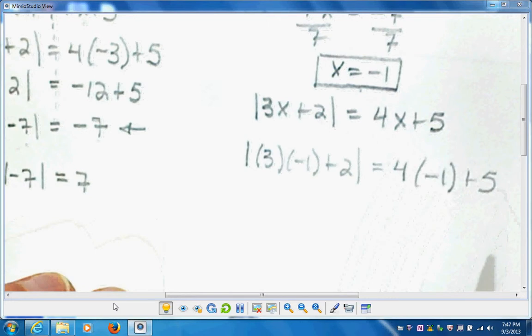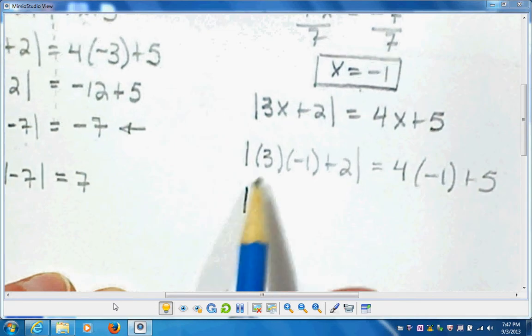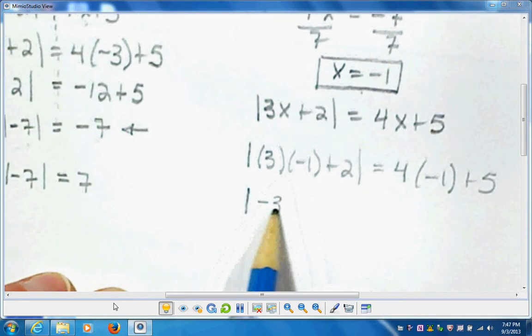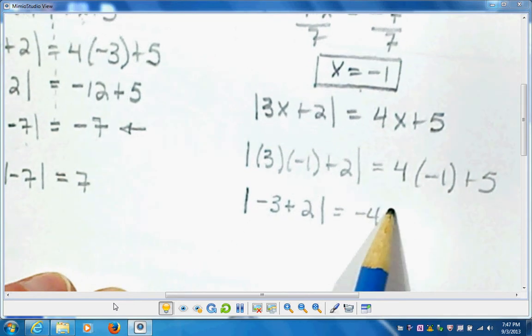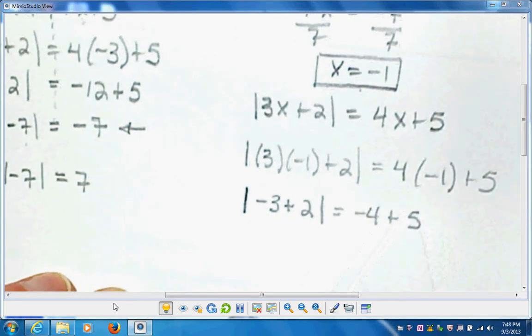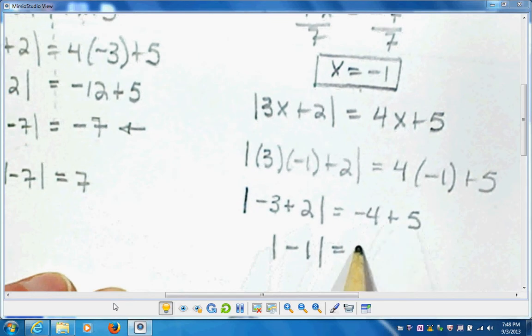Remember, wherever I see an x, I'm going to substitute in negative 1. So that means I have the absolute value of negative 3 plus 2 is equal to negative 4 plus 5. Negative 3 and 2 is negative 1. So that's the absolute value of negative 1 equals negative 4 and 5 is 1.